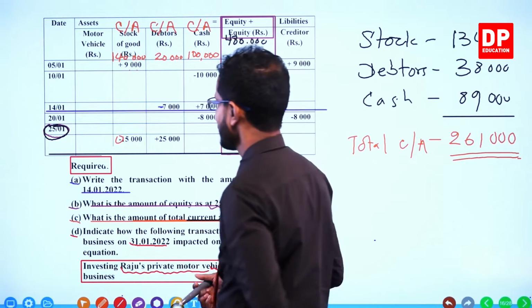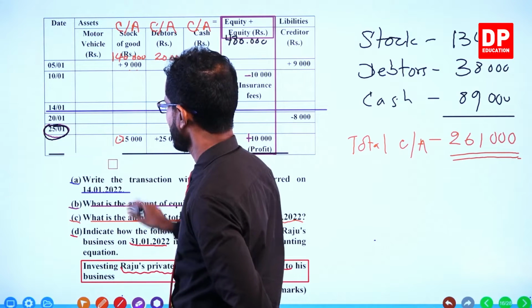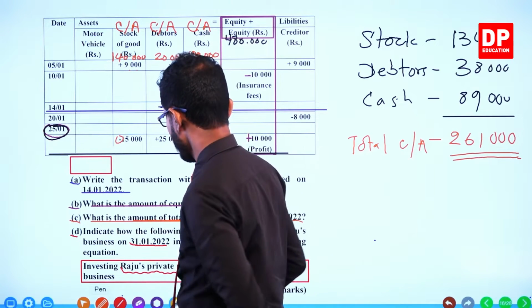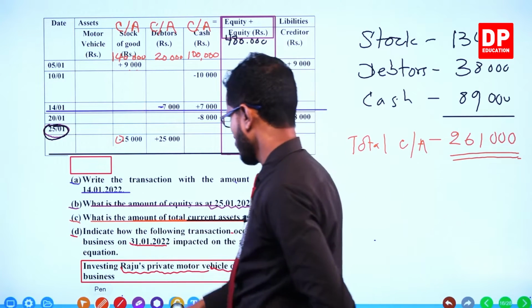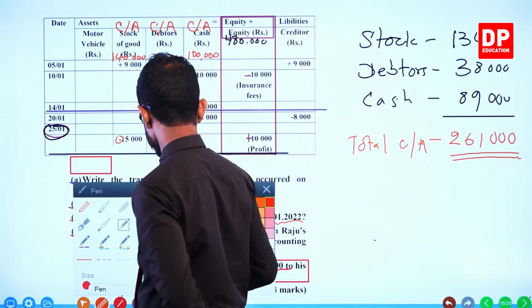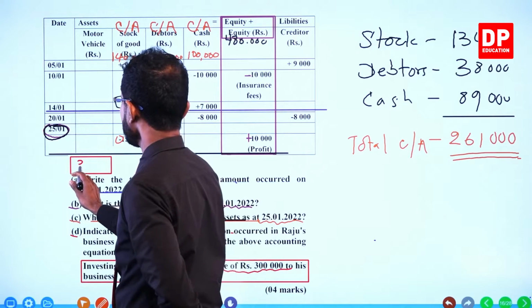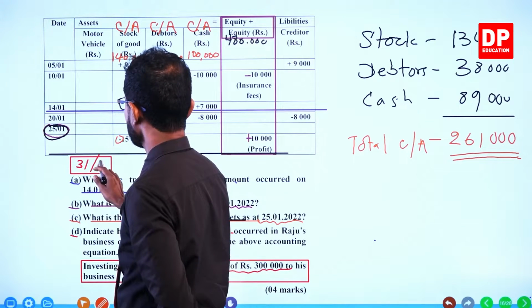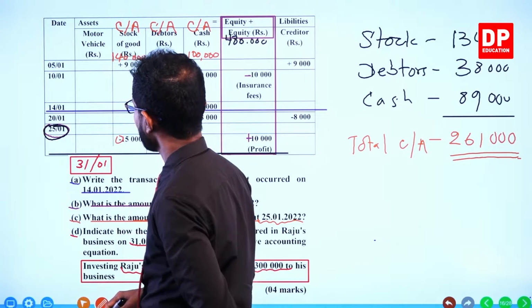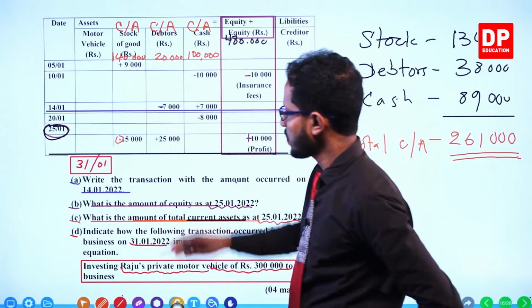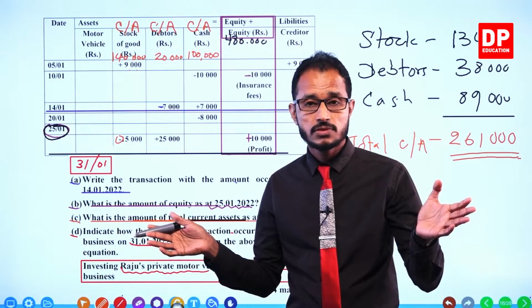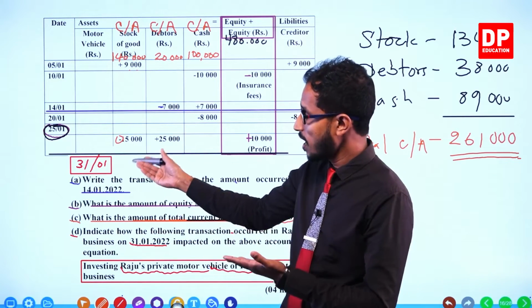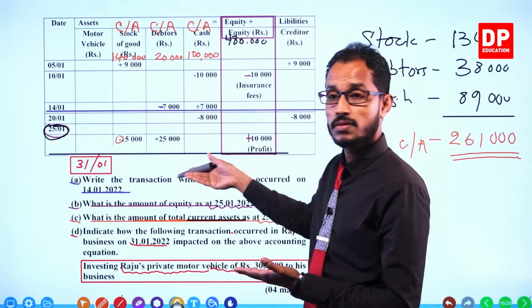Easy. Now let's put the date, 31st of January, here. I will show the effect right here under the same given table.